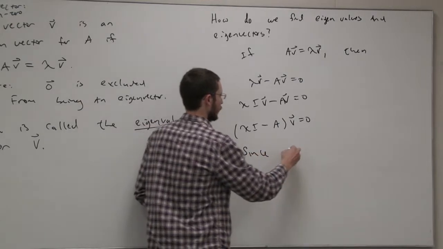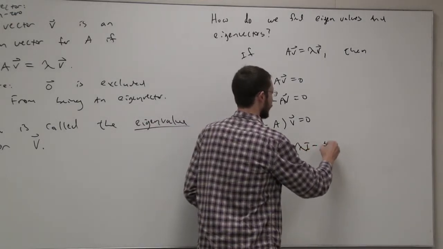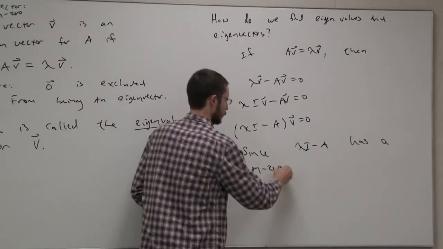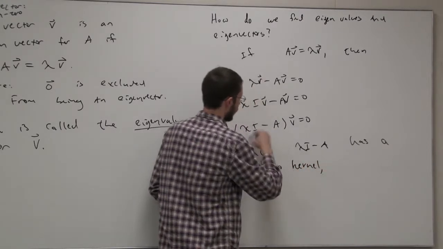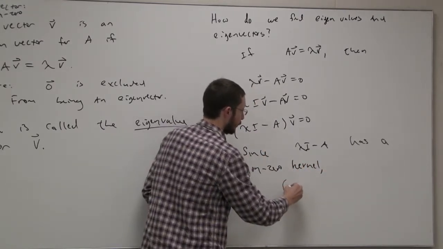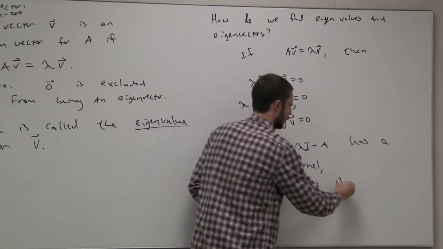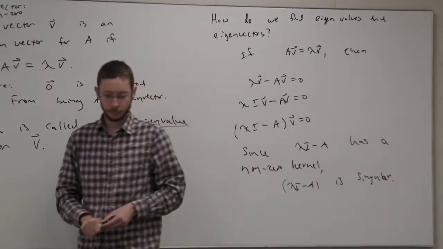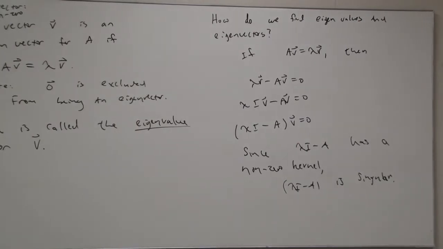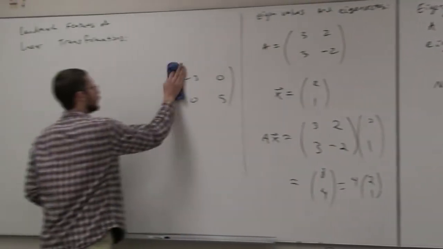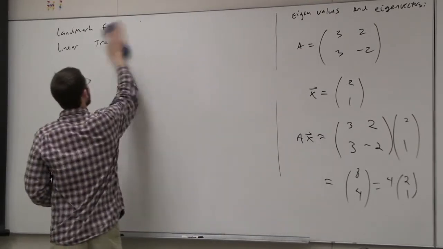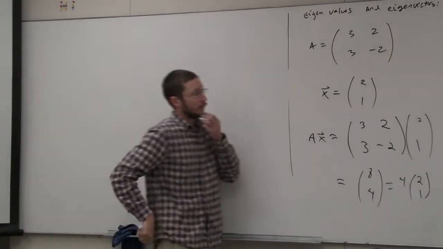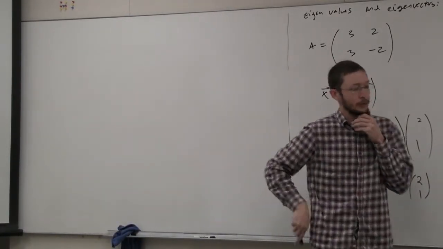So since lambda I minus A has a non-zero kernel, the transformation lambda I minus A is singular. And the reason that's important is because what's the determinant of a singular matrix?